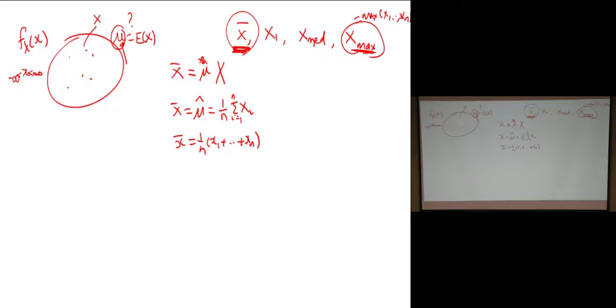So the lowercase x bar means it's the average of all these observations. This is an estimate, while this one is called an estimator.